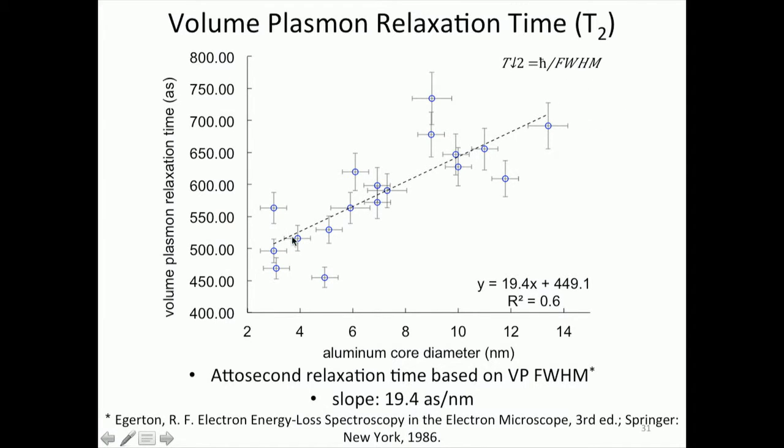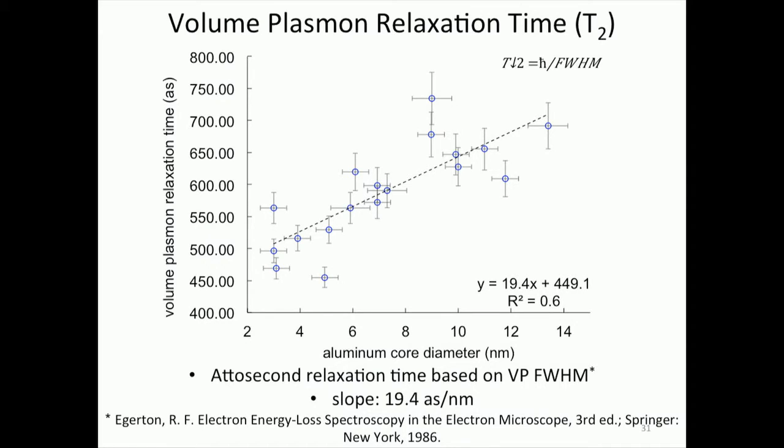So here we plot the relaxation time in the attosecond time scale as a function of aluminum core diameter. What we can see here is that we're tuning the volume plasmon relaxation from about 450 attoseconds up to 700 attoseconds. So one thing here is that volume plasmons tend to decay really fast.